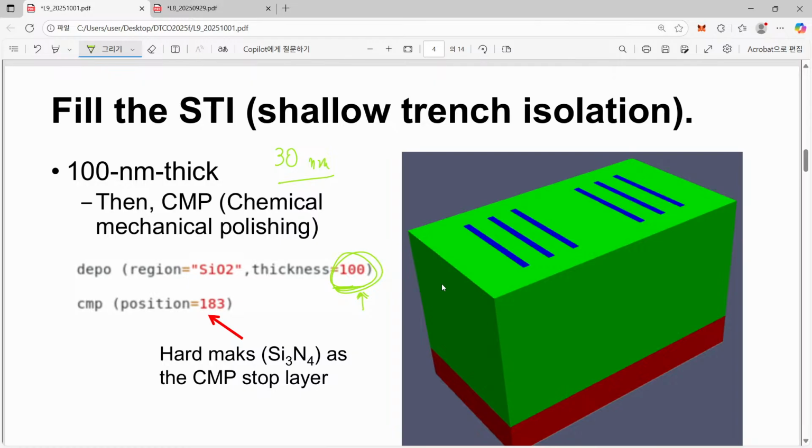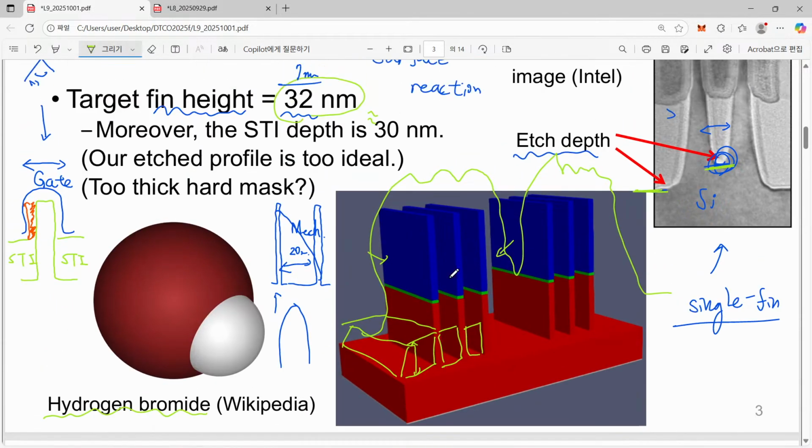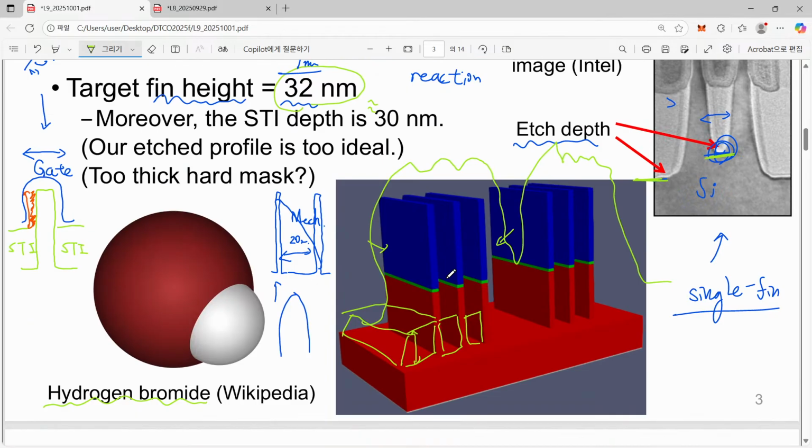So this is not the final structure after this deposition. Of course, since our original structure has some grooves due to the existence of the fin structure, it will show a taller structure in some places and a relatively shorter structure in others. So there will still be a certain amount of remaining level difference here.